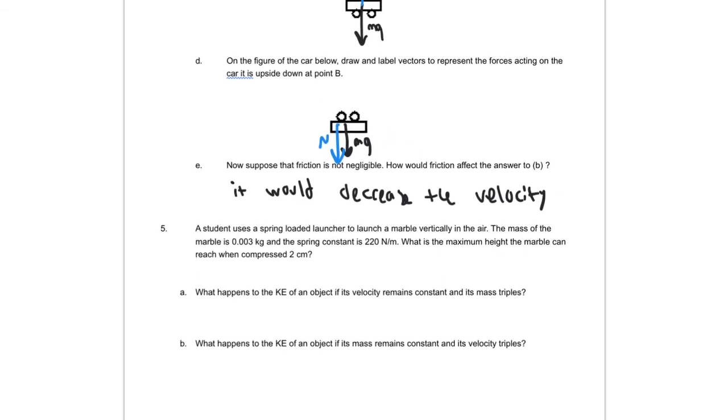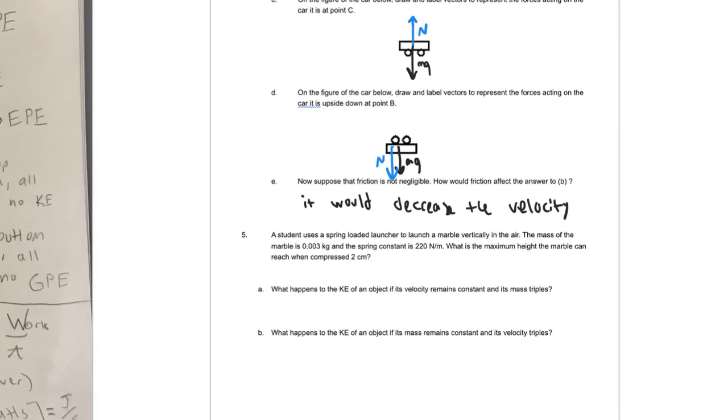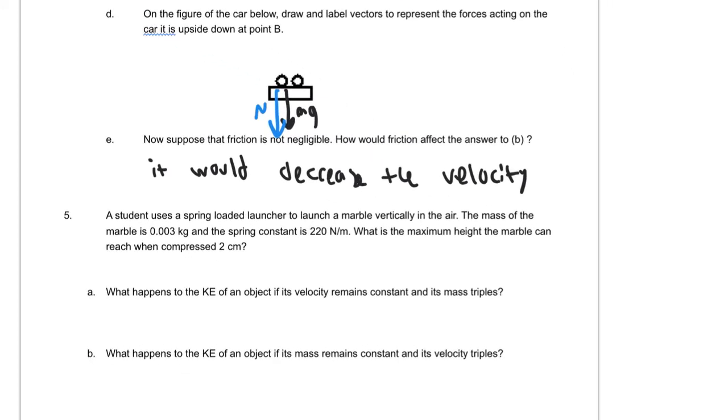Well, it looks like that's actually a question, right? That's the first question. So maybe if we drew a picture, we could get an idea of what's happening. Let's say that the spring is compressed 2 centimeters.